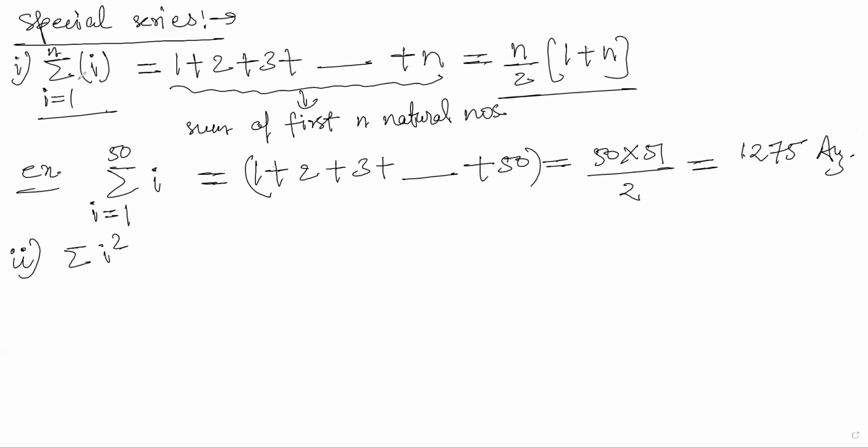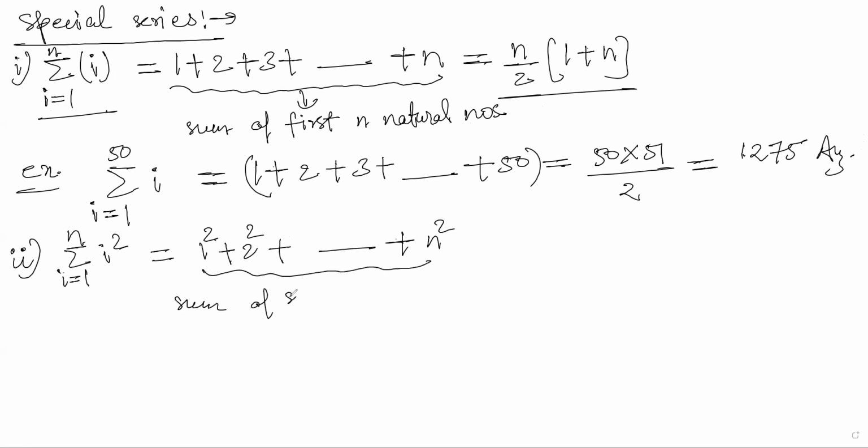Now let's understand the second series. If I square these numbers, this will basically be the sum of squares of first n natural numbers. That is 1 square, 2 square, similarly going up to n square. So this is nothing but the sum of squares of first n natural numbers.